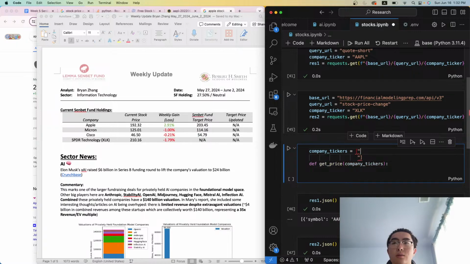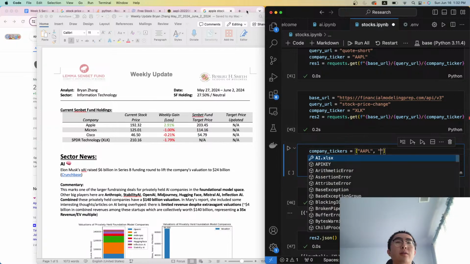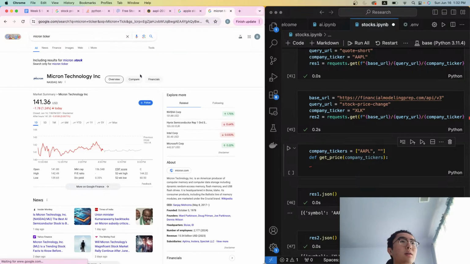So AAPL. I think Micron is also one of them. So Micron ticker, MU.